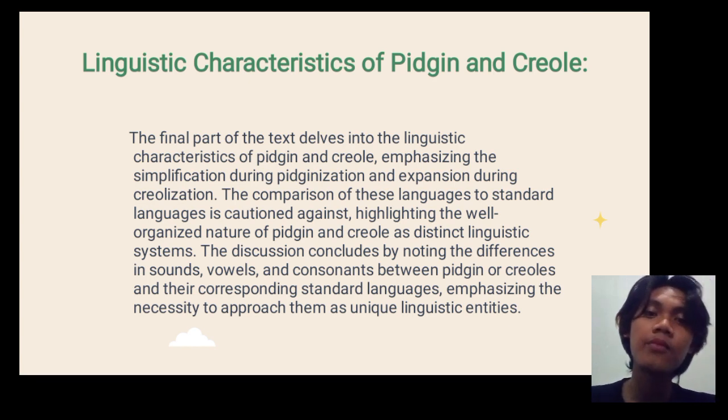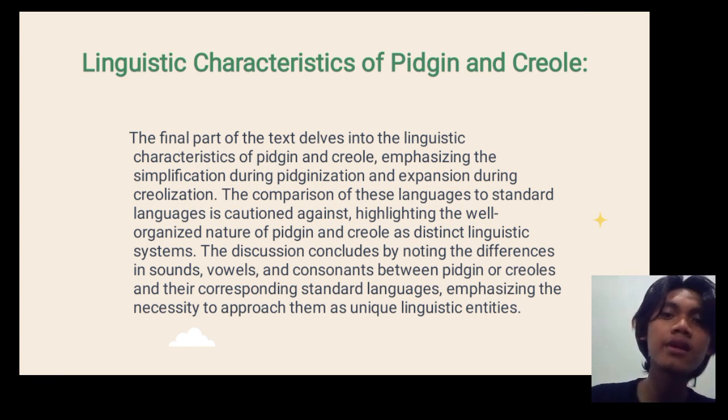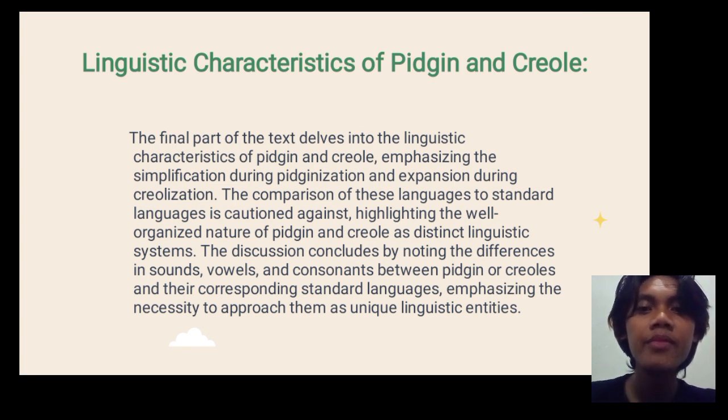Next is the linguistic characteristics of pidgins and creoles. The final part of the text delves into these characteristics, emphasizing the simplification during pidginization and expansion during creolization.